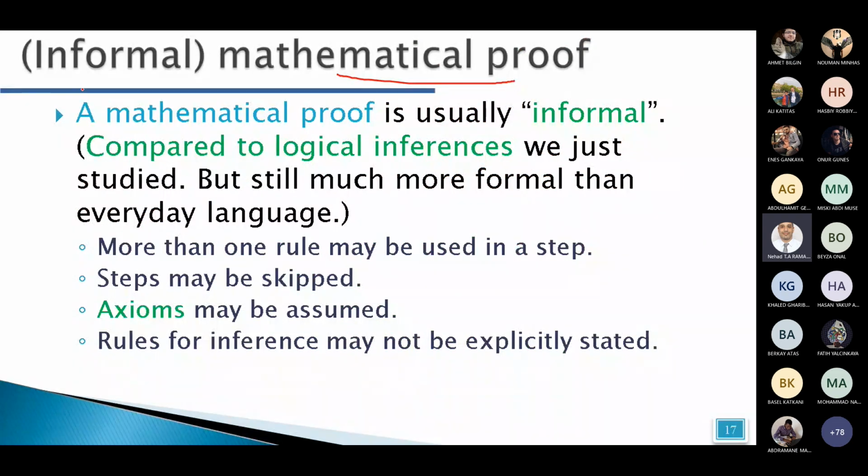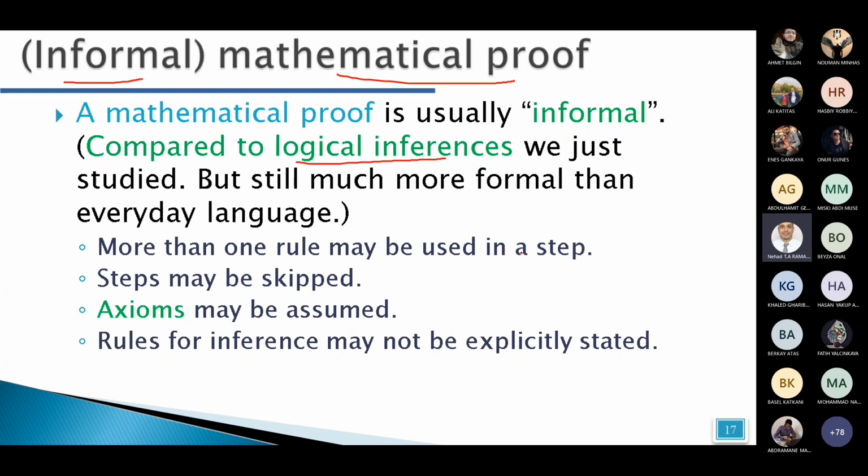A mathematical proof is considered informal compared with logical inference. It's still a somewhat formal way, but it's not restricted as much as the logical inference rules.